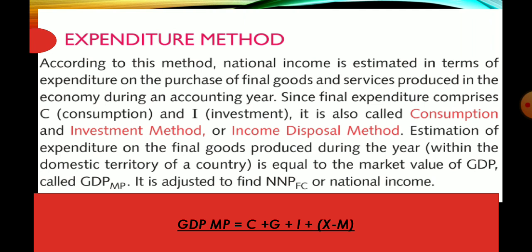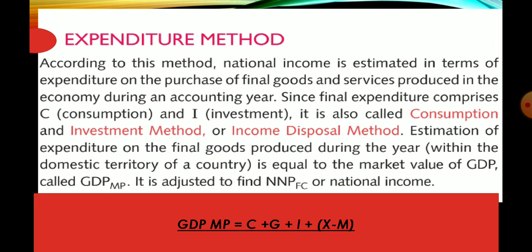If your family is having income, or if you talk about any country, income is always used in two ways: either spent on various goods and services, otherwise it is saved. So there are only two uses of income.